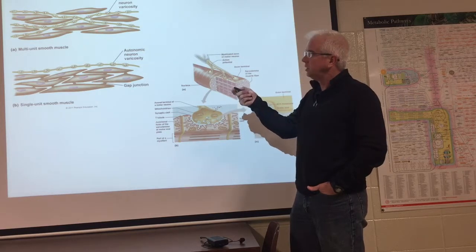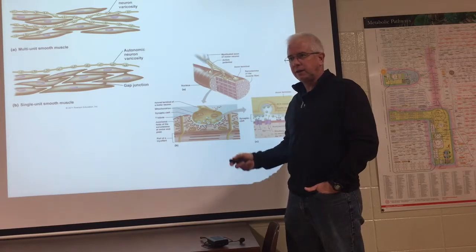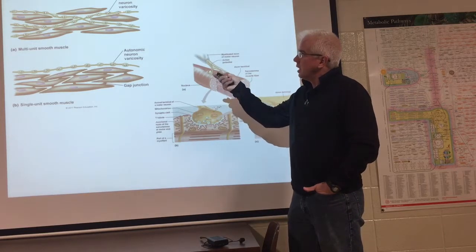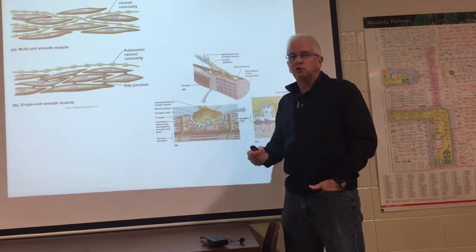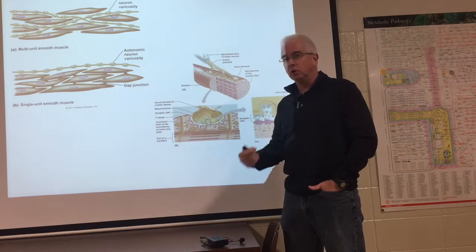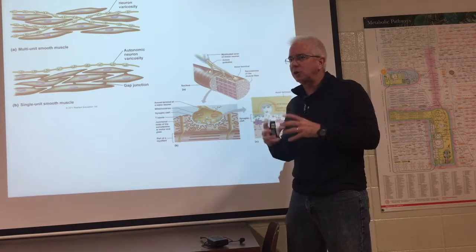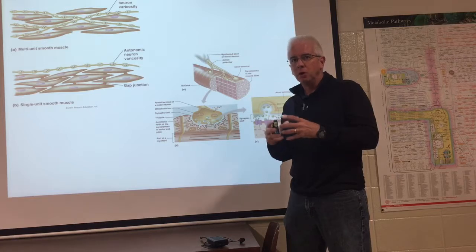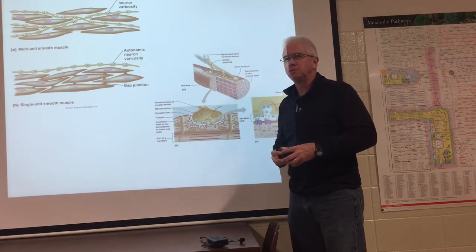In the multi-unit, you can see there appears to be more specificity. Can you see that? The autonomic innervation gets closer to more cells in a multi-unit smooth muscle, which means you're going to have finer control of multi-unit smooth muscle than you are of single-unit smooth muscle.